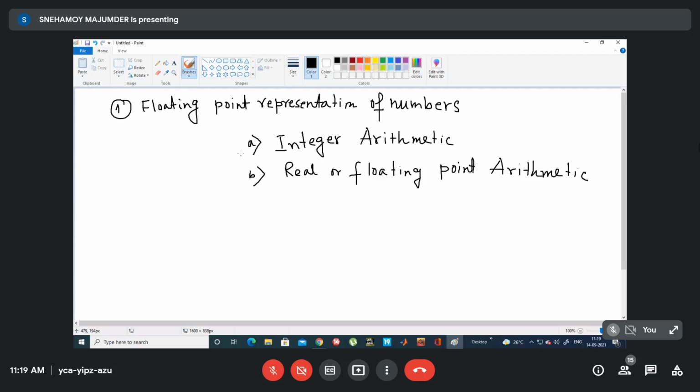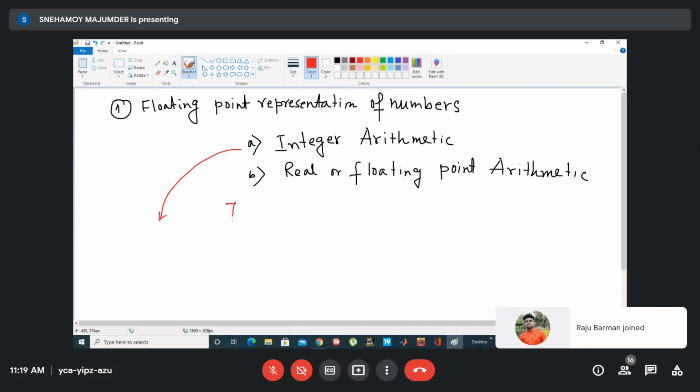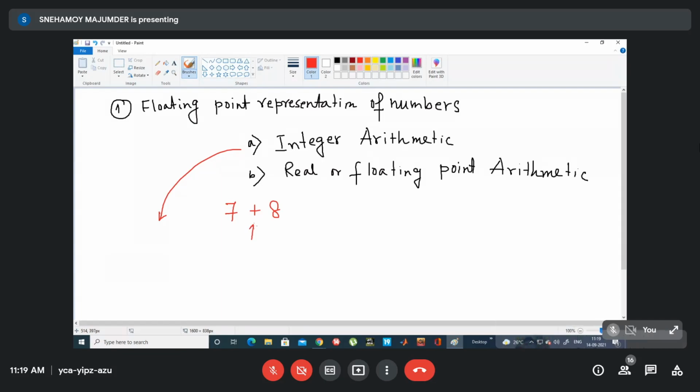Now, what is the feature of integer? Suppose we have 7 plus 8. This is called the operation, and these are the operands.